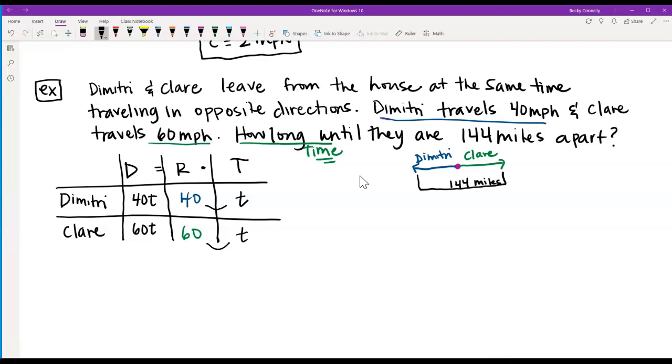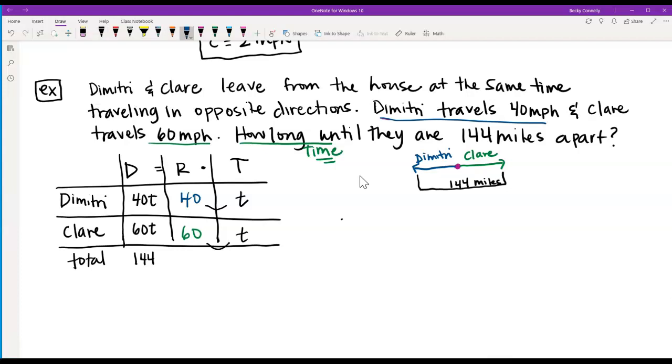But I do know something else that I'm going to write in here. I know something about the total. I know that there needs to be 144 miles total in my distance. And so when I'm looking at this, I'm thinking, okay, my distance for Dimitri is going to be represented as 40t.